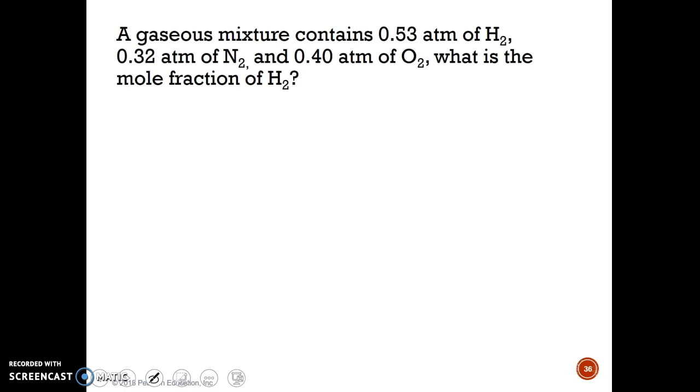So if a gaseous mixture contains 0.53 atmospheres of hydrogen, nitrogen, and oxygen at different amounts, what is the mole fraction of hydrogen?